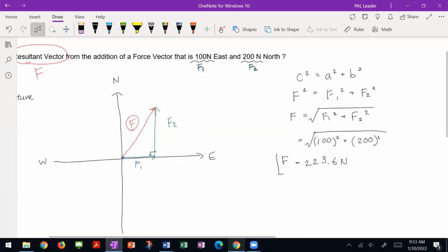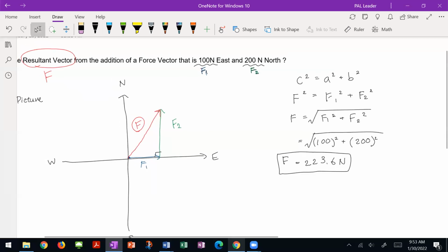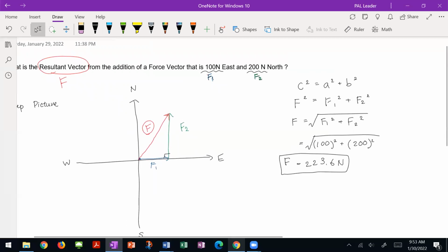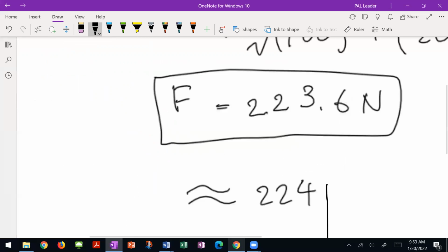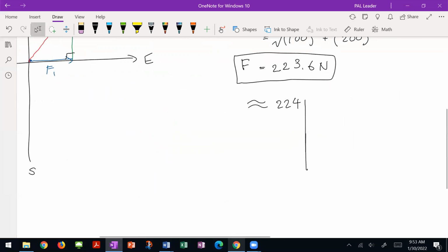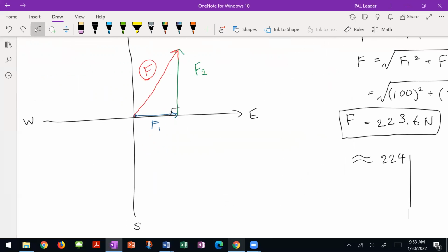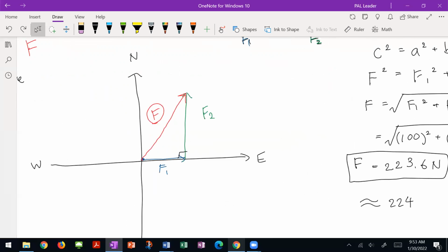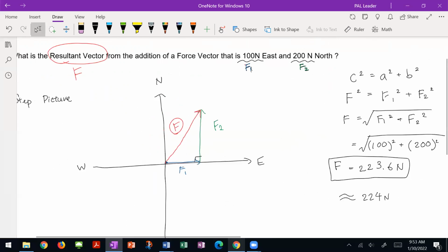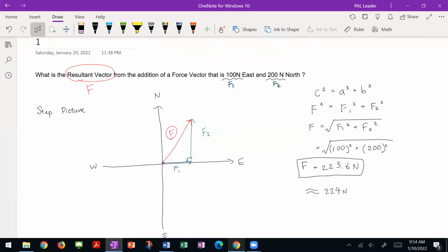That should be our final answer. Or, well, the answer that our teacher gave us said 224. Yeah, 224 newtons. I think that's pretty clear.